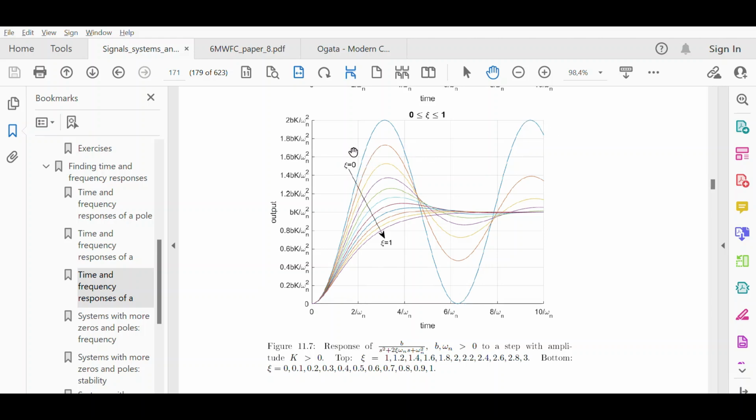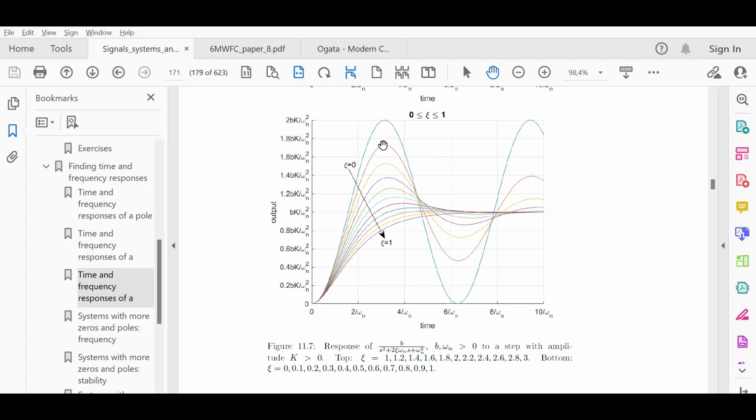As Xi increases up to 1, that is to say, up to the critically damped case, we have here several responses of underdamped systems. Notice that as the damping coefficient increases, this maximum value assumed by the response decreases.